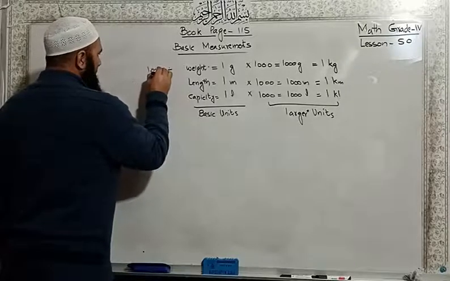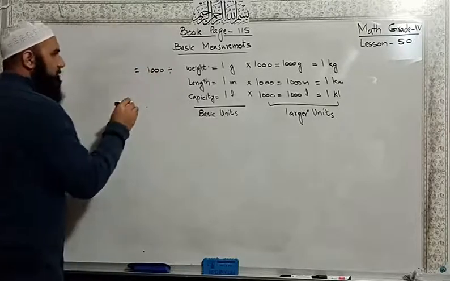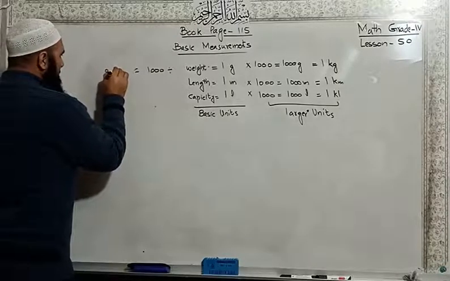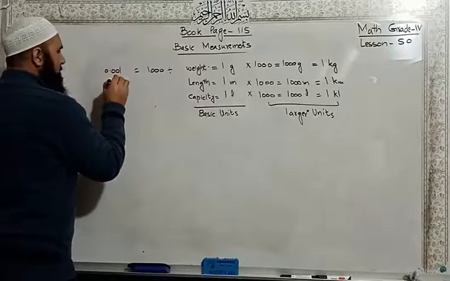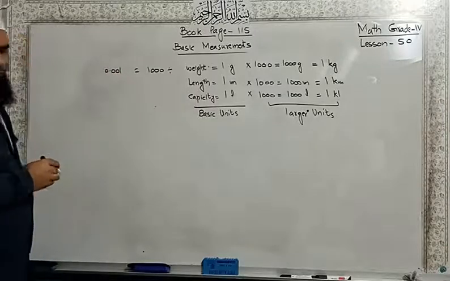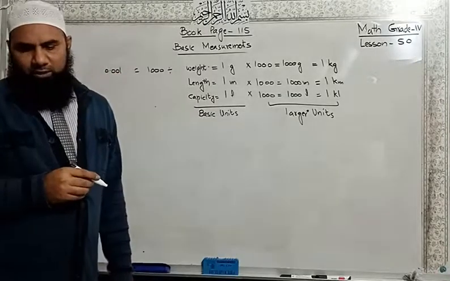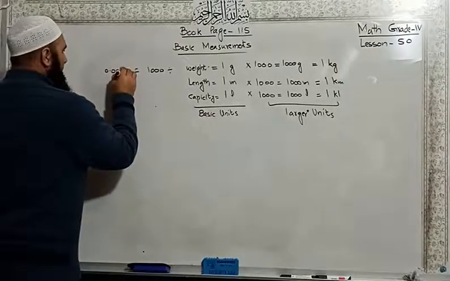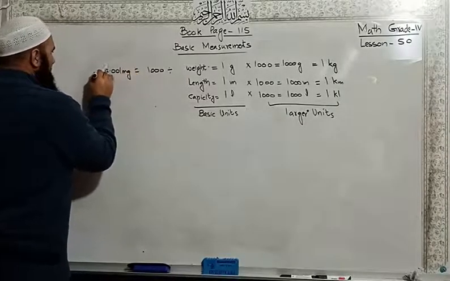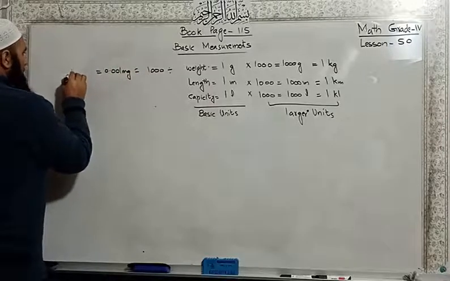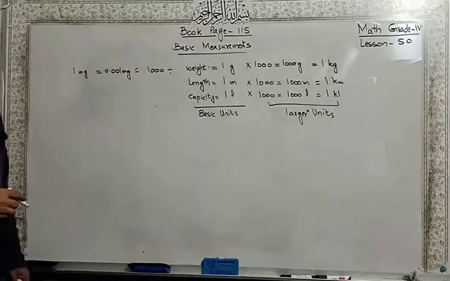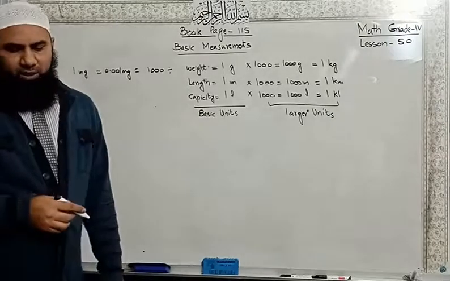So if we divide 1 gram by 1000 we get 0.001, which is simply called 1 milligram.